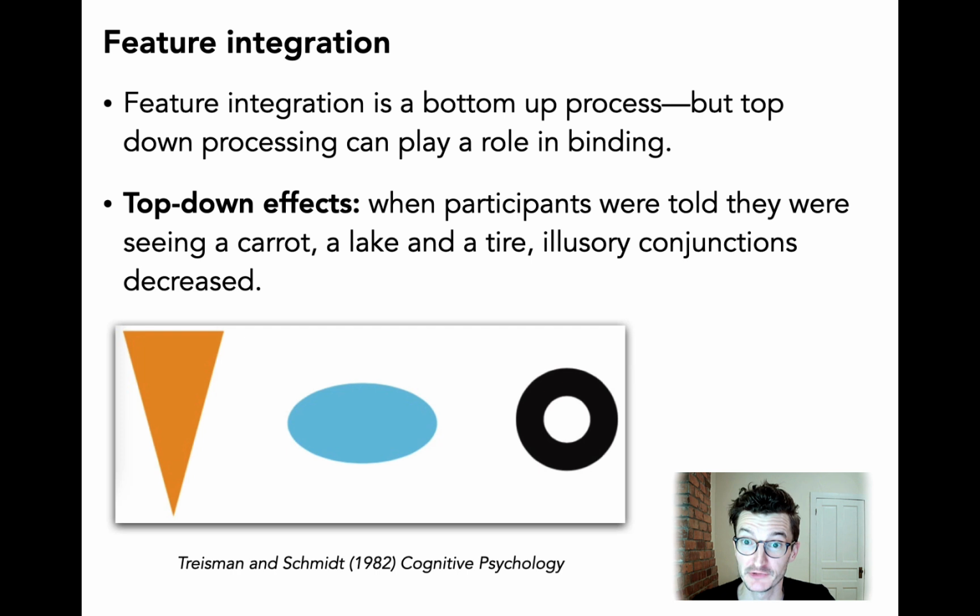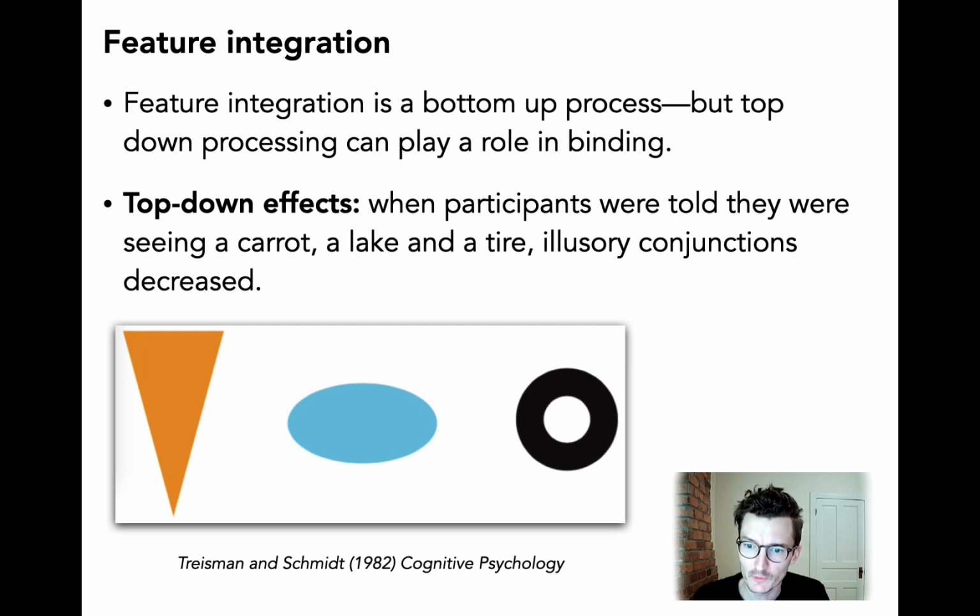Now, feature integration is a bottom-up process, right? Attention is being focused on sensory information, but top-down processing can play a role in helping us solve this binding problem.